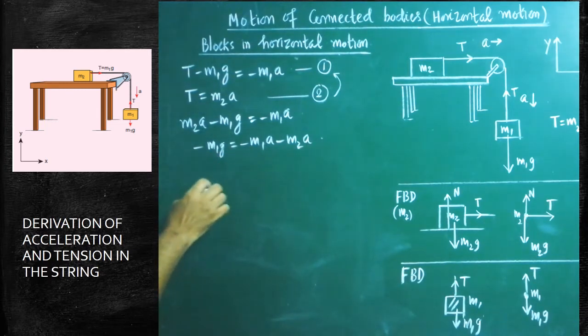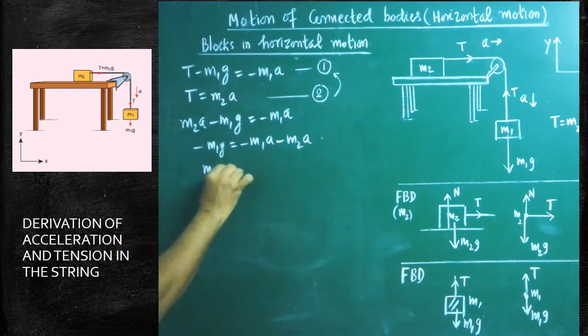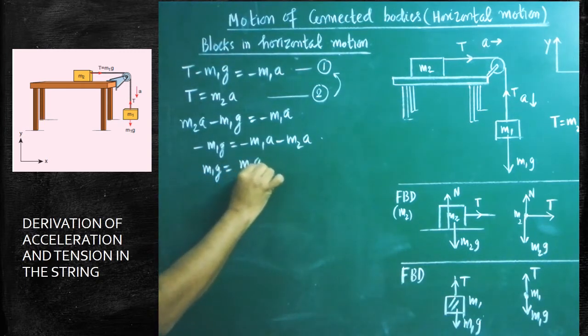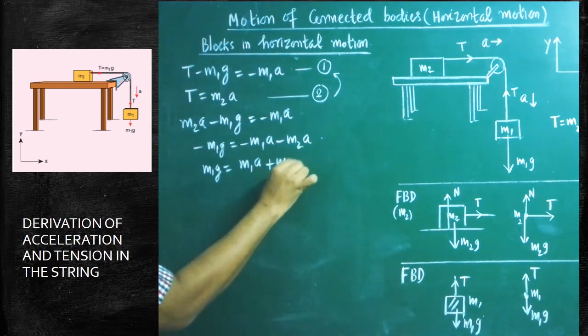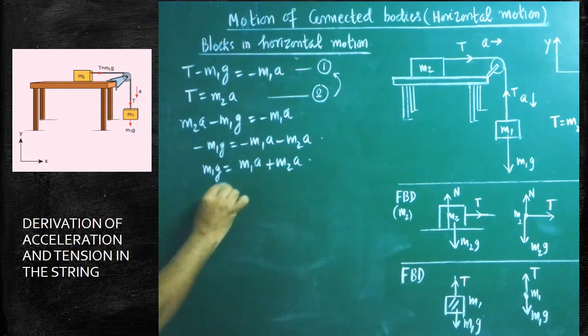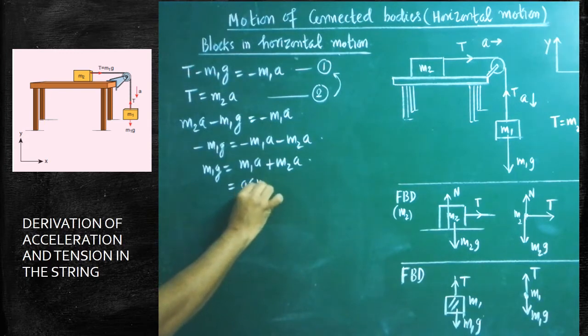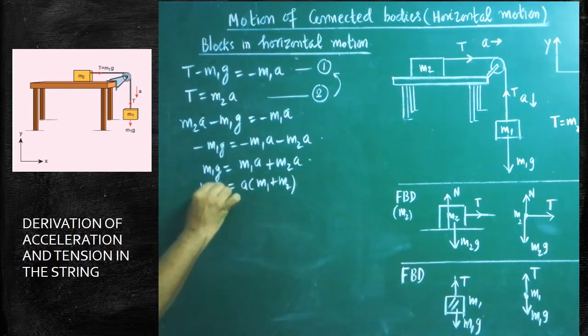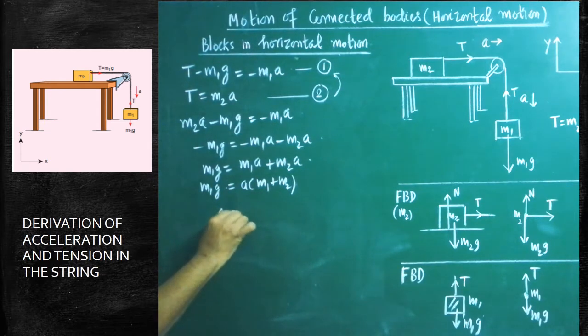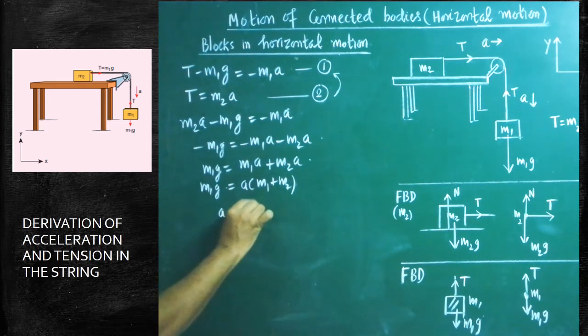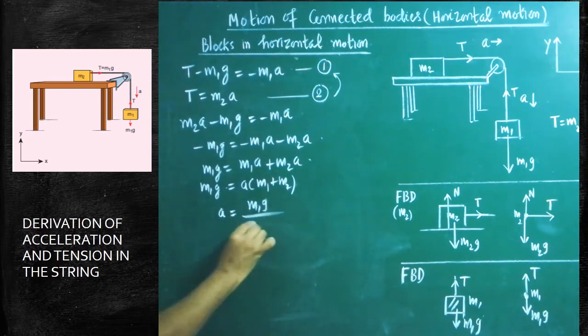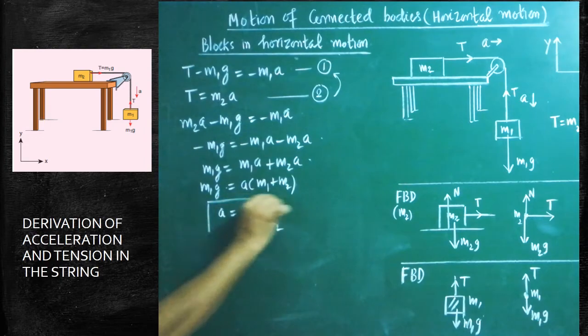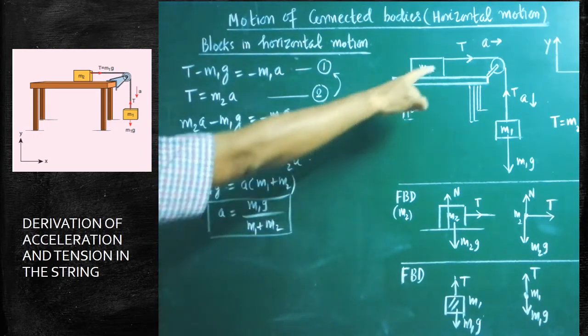Are you clear? m1g is equal to m1a plus m2a. So here a can be written with m1 plus m2 as a common factor. To get a, bring the factor down: a is equal to m1g divided by m1 plus m2. So this is the expression for acceleration.